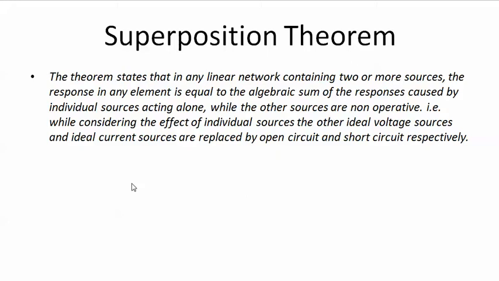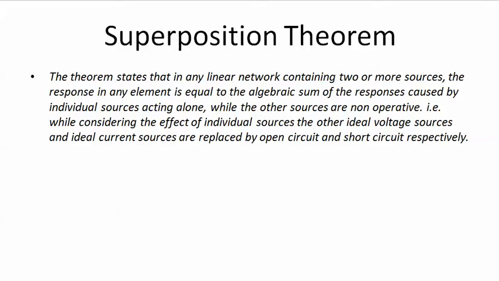If their internal resistances are given, we have to replace them by those. So what is linear here? A linear network is a network which obeys the principle of additivity and homogeneity.